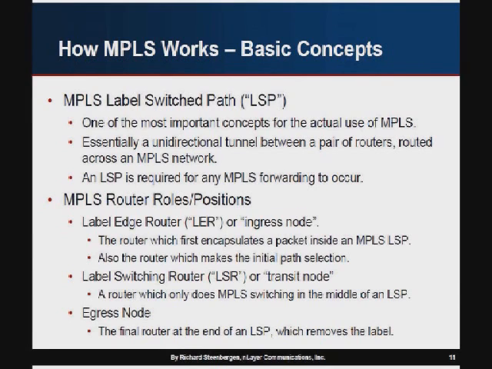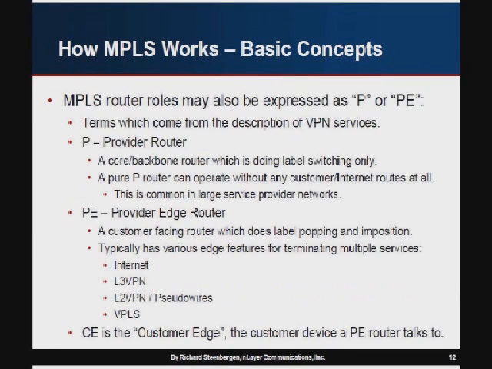There's the label switching router, which is a transit node. Basically, it's somewhere in the middle. It's a router that just looks at the MPLS label, may swap the label, but it's just passing it through purely as MPLS. It's not doing any deeper layer. And then there's the egress node, which is the final router of the LSP, which removes the label, or we'll get into that in more detail in a bit.